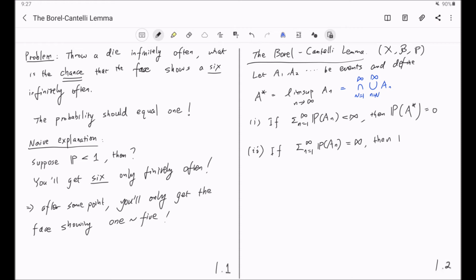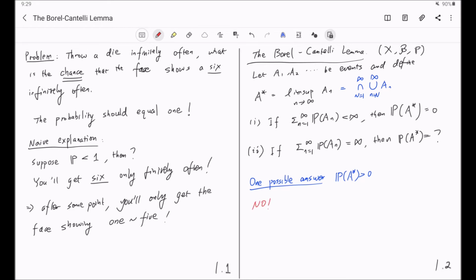So what is the probability of A star in this case? I'll let you think about it for a while. Some of you may think, oh well, in this case, if the sum of the probabilities is equal to infinity, the probability of this should be greater than 0. But if you think about this carefully, is it correct? The answer is no.